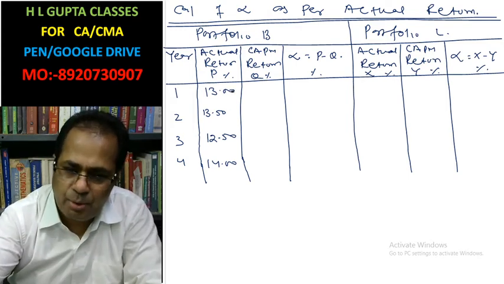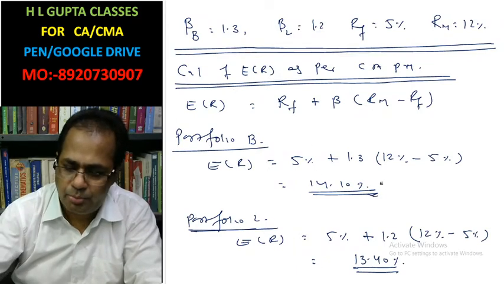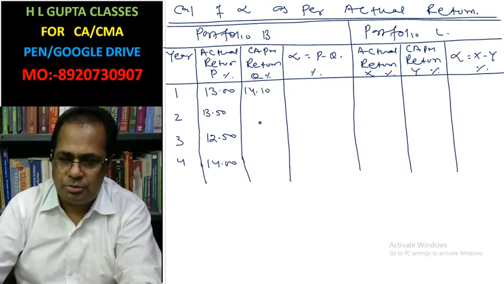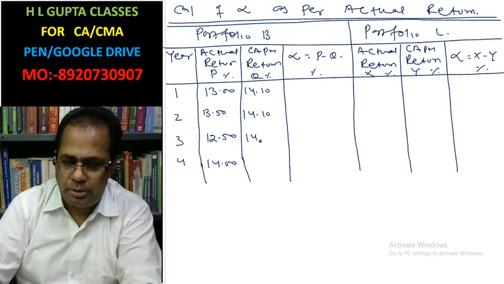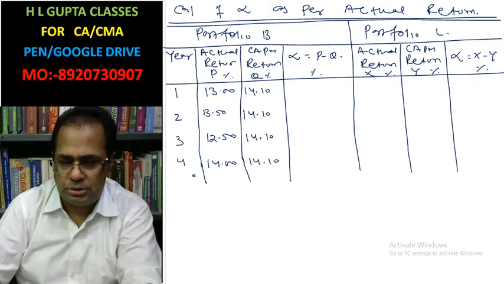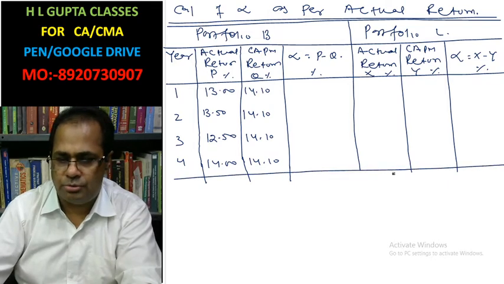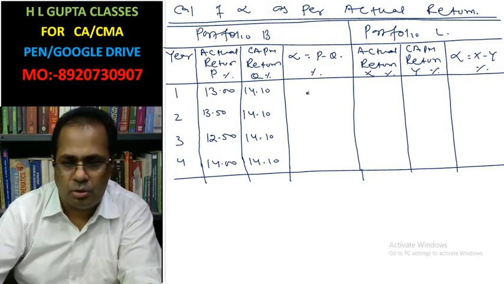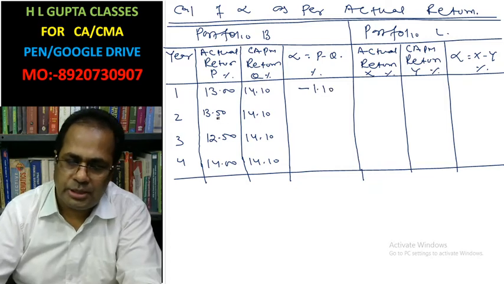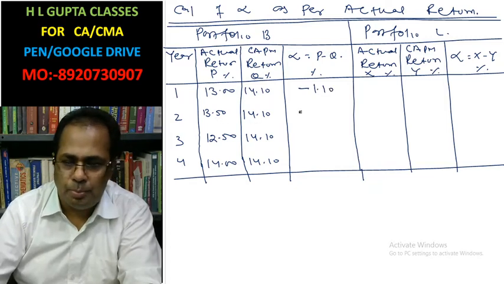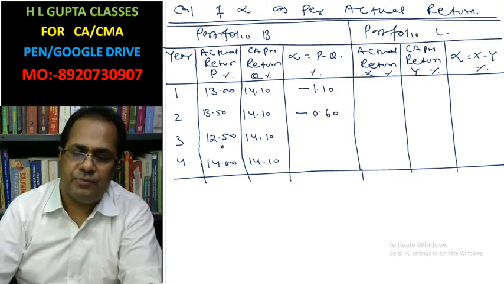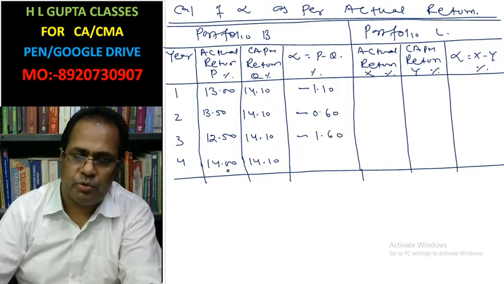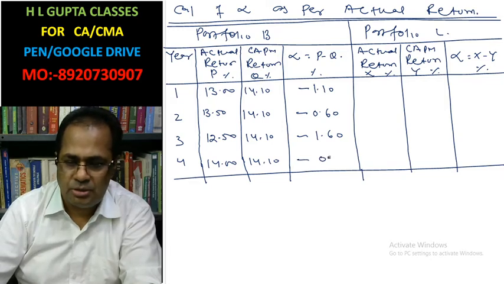Q: the expected return as per CAPM of B is 14.10, so you write 14.10 for each year. Now alpha, P minus Q: 13 minus 14.10 is minus 1.10. 13.50 minus 14.10 is minus 0.60. 12.50 minus 14.10 is minus 1.60. 14 minus 14.10 is minus 0.10.